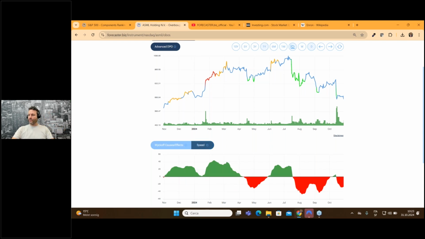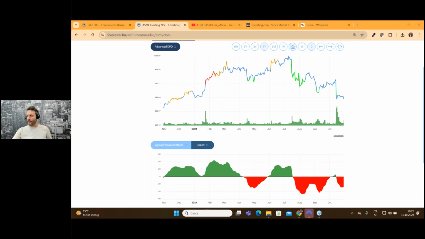Look, we can also find a very nice divergence in the speed indicator. As I told you before, we calculate the speed of the price. In this case, we can see the price is falling down, but the speed of prices is decreasing while the stock is going down.